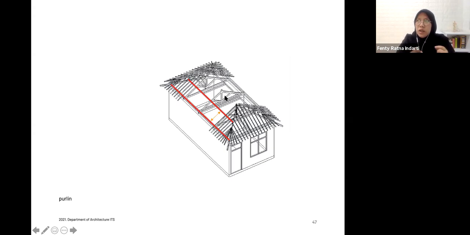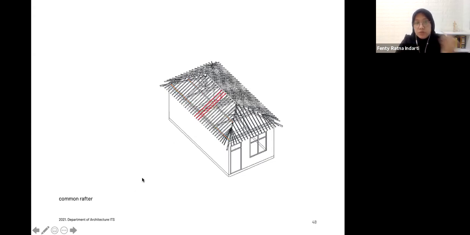But for steel rafters, steel trusses, you have to make it closer, maybe around 1 to 1.2 meters. And then on top of the rafter, you have the purlin, and the purlin itself defines the distance between each rafter or each truss.